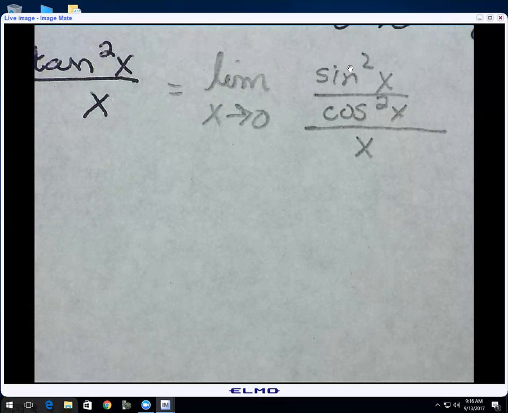So maybe that cosine squared minus 1 would factor into cosine plus 1, cosine minus 1, and something may end up canceling there. Just because I did this problem last night, I know that's probably not the easiest thing to do. It's absolutely legal. I'm not sure it would be helpful. There's something easier.